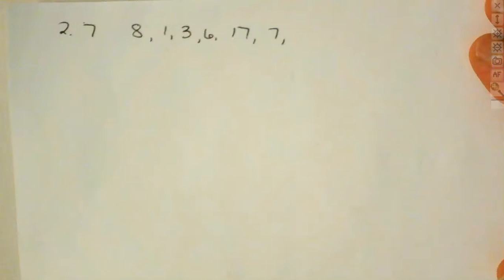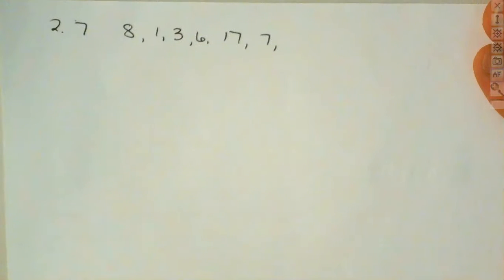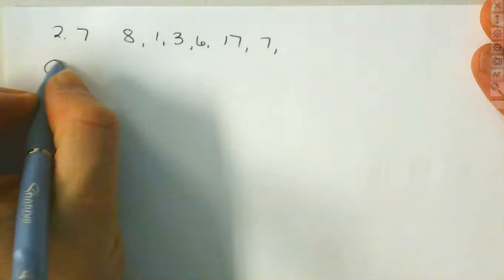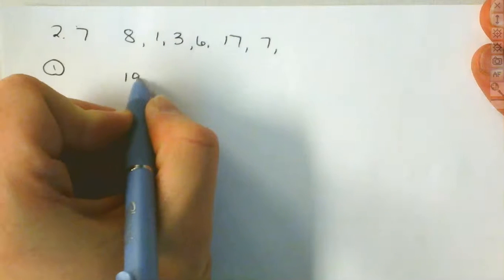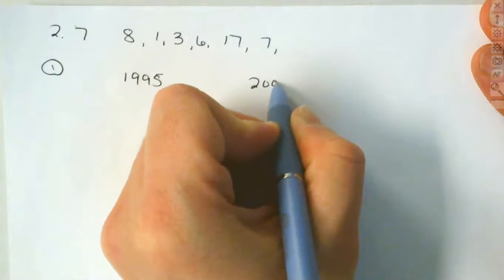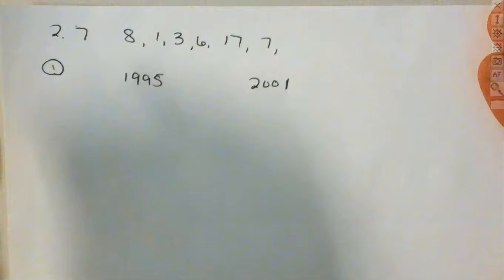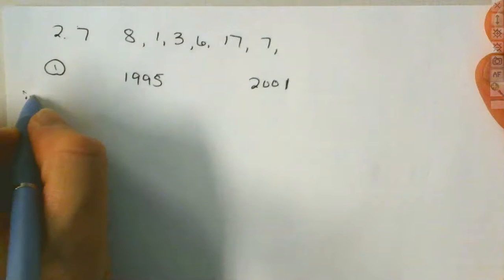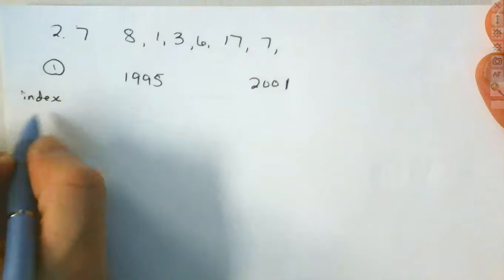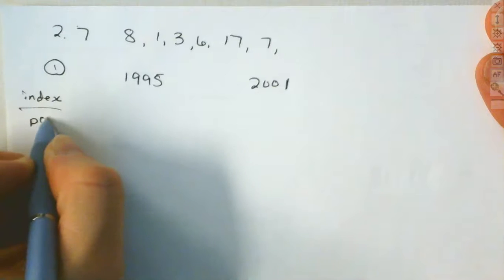Now, how we set up the ratio is not important as long as we are consistent. So when we look at this first question, we've got 2 years, 1995 and 2001. Doesn't matter which one goes on the top as long as we are consistent. So I'm going to go ahead and put the index on the top and the price below.